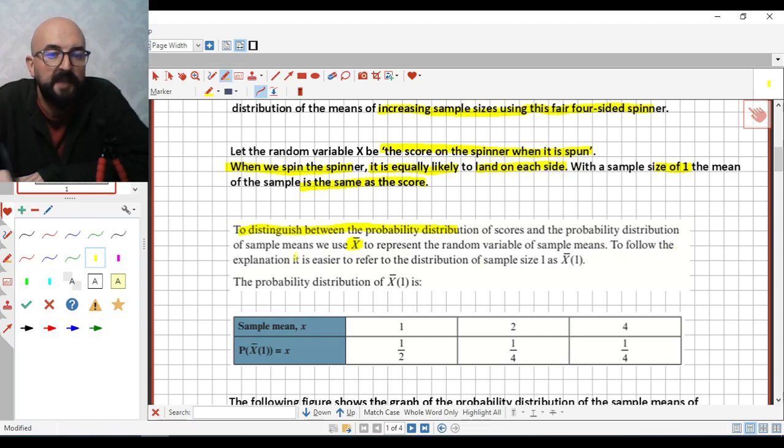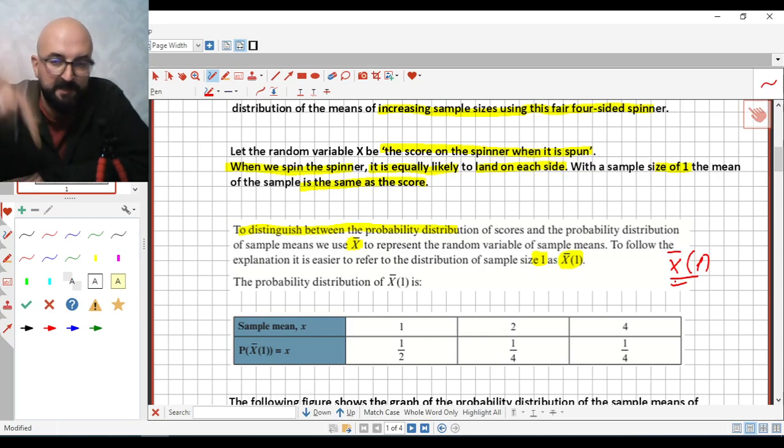To follow the explanation, it's easier to refer to the distribution of sample size 1, and the notation is X-bar 1. It means we spin the spinner 1 time, and the sample size is 1. If you spin the spinner 2 times, your sample size is also 2.